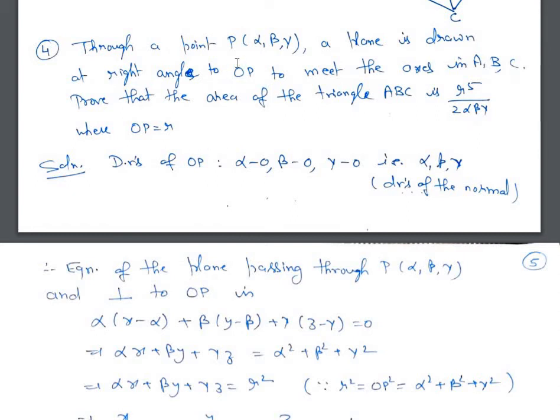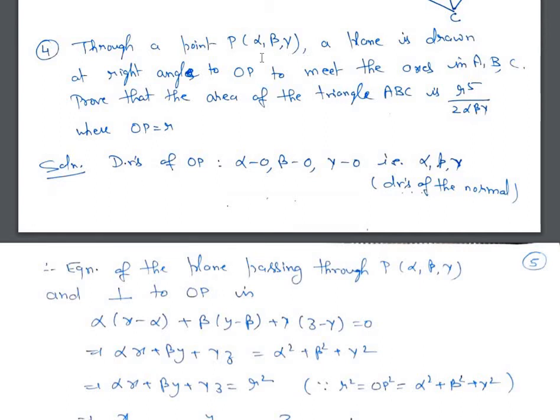So in this case, first of all, we have to find the equation of the plane which passes through P and is perpendicular to OP. Now direction ratios of OP are alpha − 0, beta − 0, gamma − 0, that is alpha, beta, gamma. Now direction ratios of the normal and direction ratios of OP are the same because both are perpendicular to the plane passing through P.